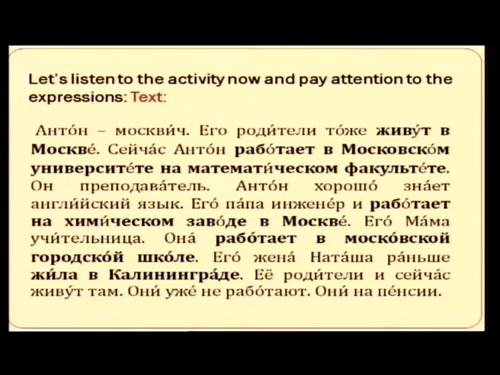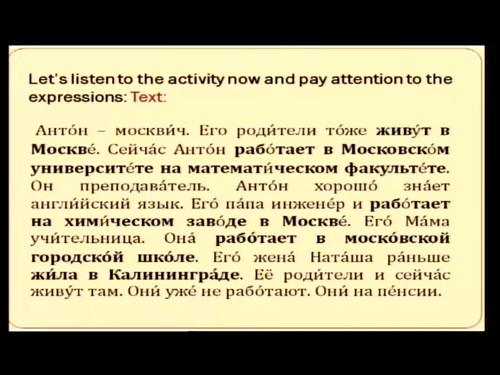Here, if we pay attention again to the text, we have used он преподаватель, Антон хорошо знает английский язык. Anton, which is the main character of the text, knows English very well. But here if we pay attention, for English language we have used английский язык.